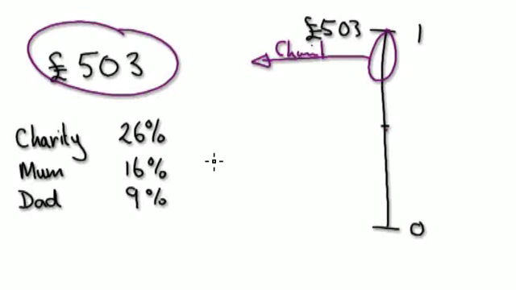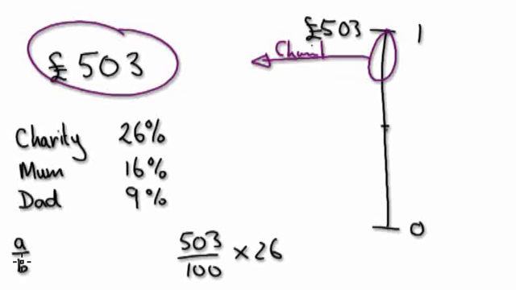Normally, I would ask you to do this: 500, split it into 100 pieces, and then times 26 pieces. But this time I'm going to show you something else. When you have a fraction, A over B, times C. In the algebra section, I showed you that when you times a fraction, it gets multiplied to the top.